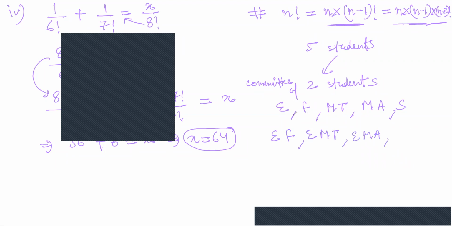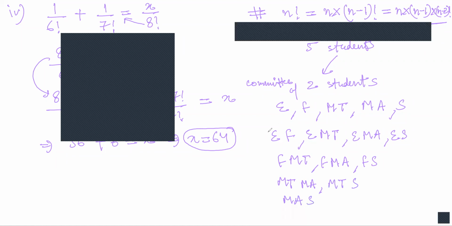So let's group Iram with everyone else, E and S. So there are four groups which Iram can make, right? Now Fahad has already been with the group with Iram. Now F-MT, F-MA, and F-S. Again MT-MA, MT-S, then MA-S. You can easily check out that these are all the possible combinations which I have written. There will be no different combination than this. So there are total 10 combinations.